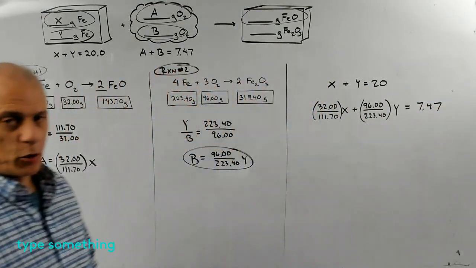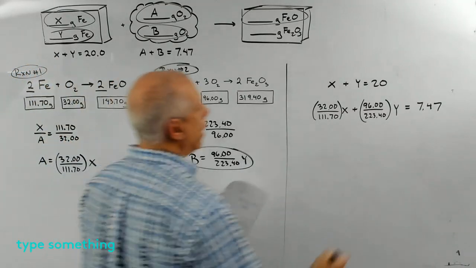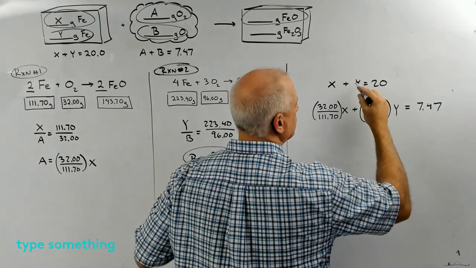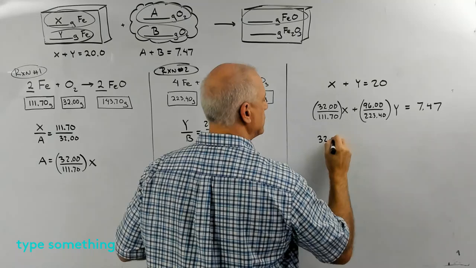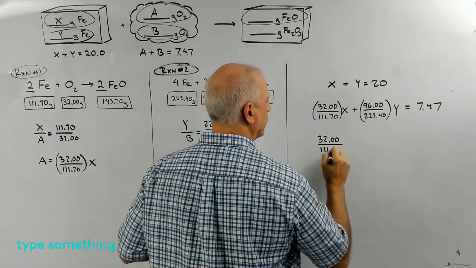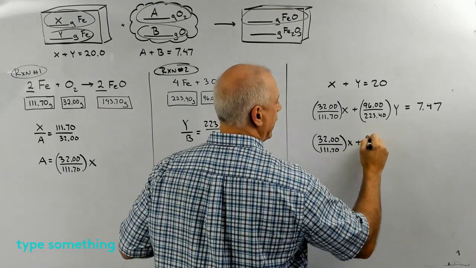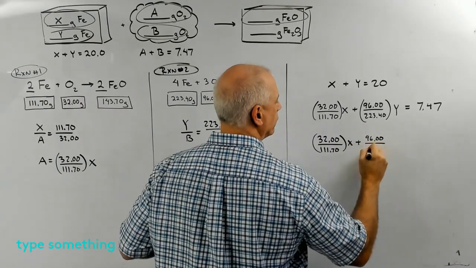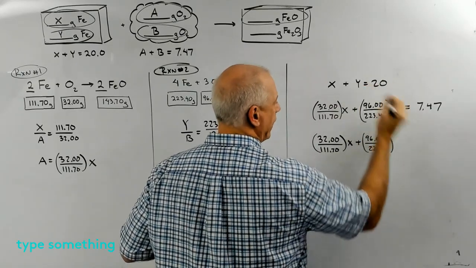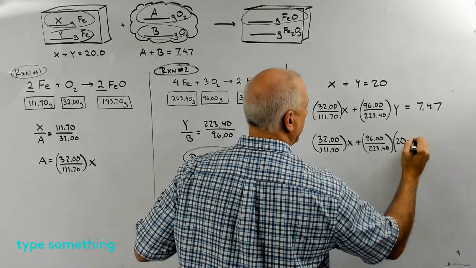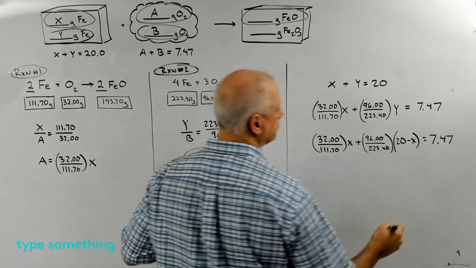So now I have two equations, two unknowns, and I can go ahead and solve this. I can solve for an expression for Y and plug it in here. So, for example, 32.00 over 111.70 times X plus 96.00 over 223.40 times Y, and Y is going to be 20 minus X, equals 7.47.